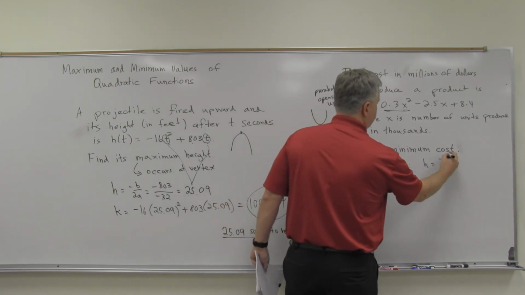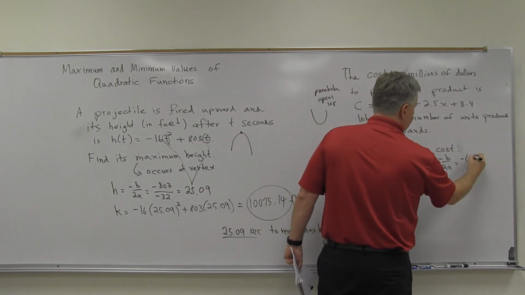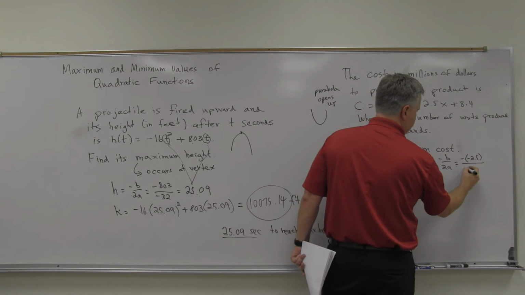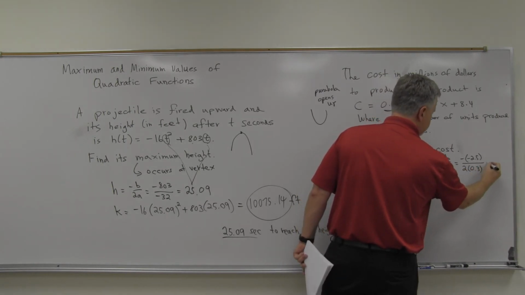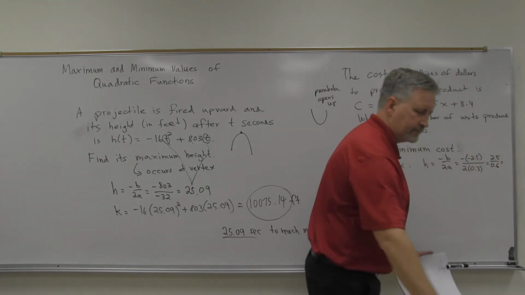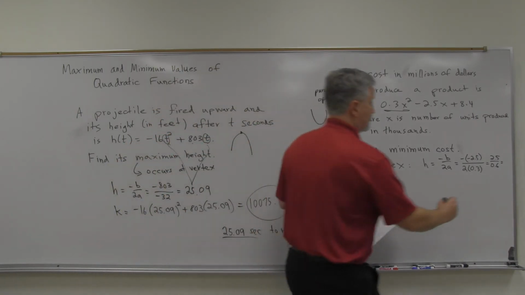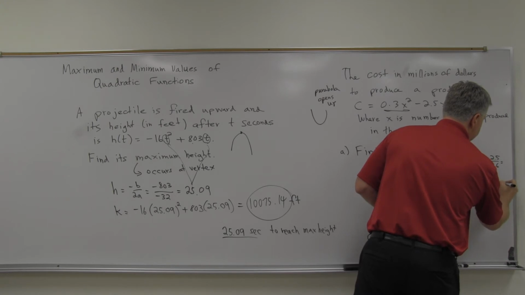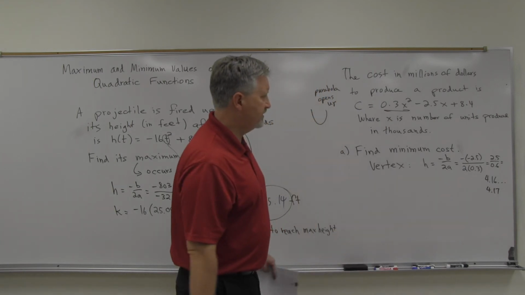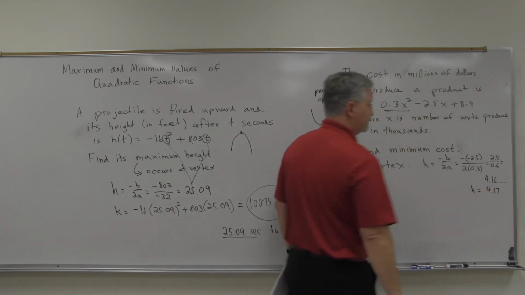We've got negative b over 2a for the h, so that'd be negative negative 2.5, positive 2.5, divided by 2 times 0.3, so that'd be 0.6, positive 2.5 divided by 0.6. Let's see, that's going to be 4.16 repeating, so let's just say 4.17. That should give us the h.